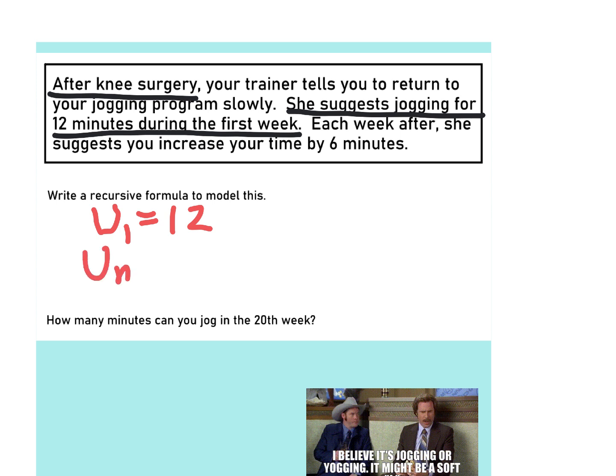Always UN minus 1. Now, does this feel like the kind of thing where we're going to multiply it? Well, let's see what it says. Each week after, she suggests you increase by 6. Do you think she said times by 6? No. Increase by 6 means plus 6. So I'm going to put a plus 6 here.